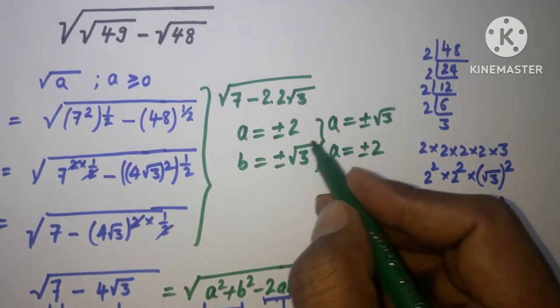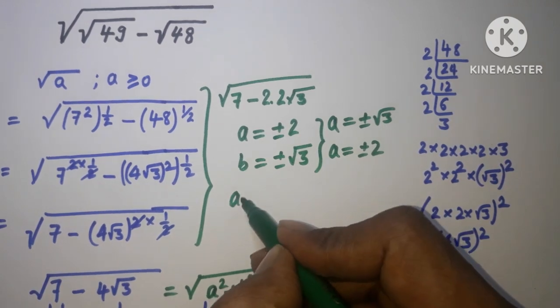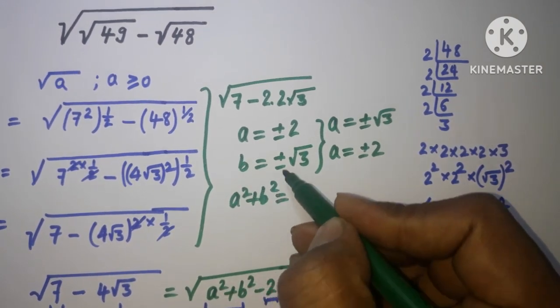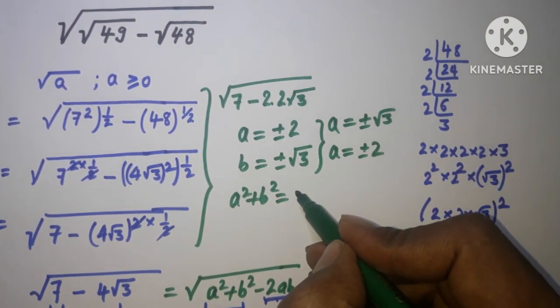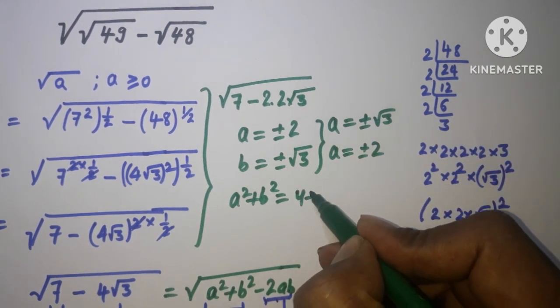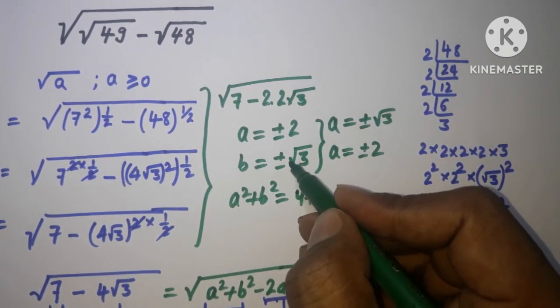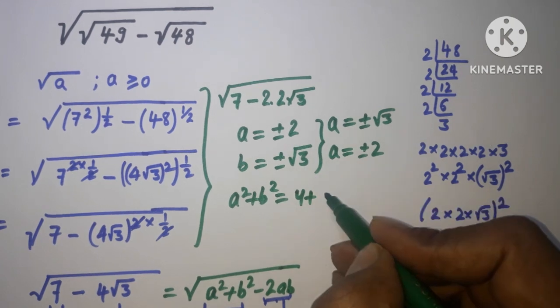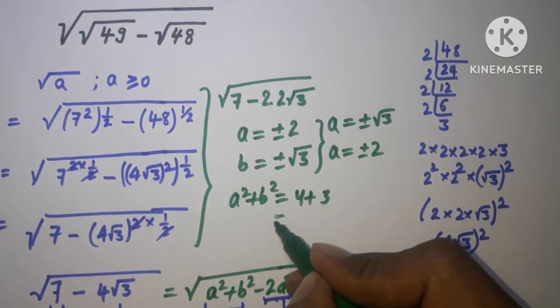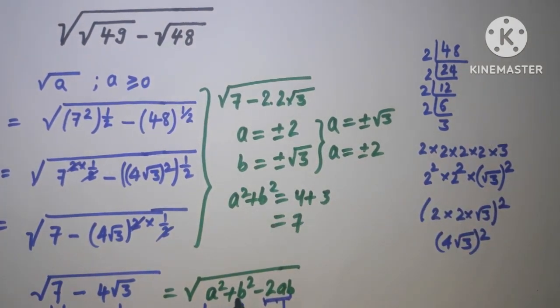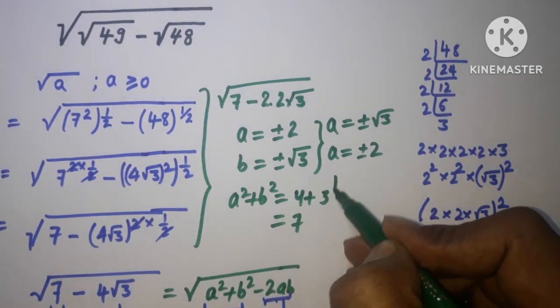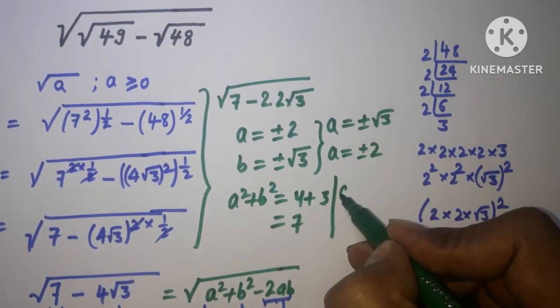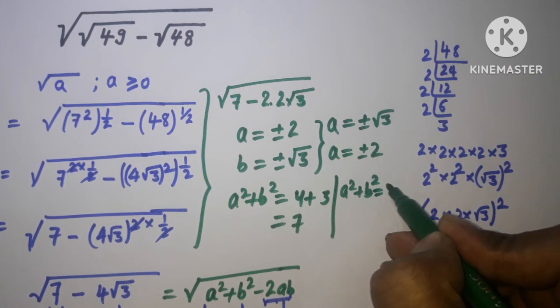So that we'll have, because if you do a square and then b square, you will have 2 square is 4, or minus 2 square is 4, and root 3 positive or negative, its square will give you 3, so it is coming 7. That is, a square plus b square is coming 7. This case is also applicable here, a square plus b square is coming 7.